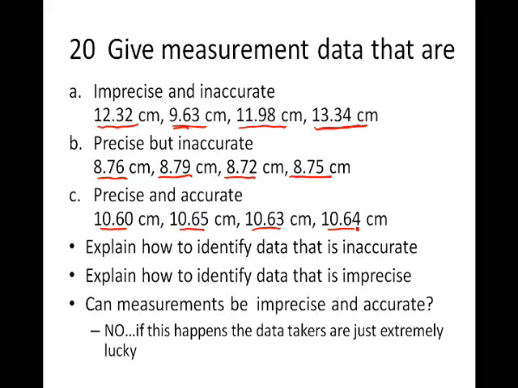No. If that happens, it's not really a case of being both imprecise and accurate. You might have a case where you had a bunch of imprecise measurements that averaged together to be accurate, but that would be just because you were extremely lucky with your data collection.